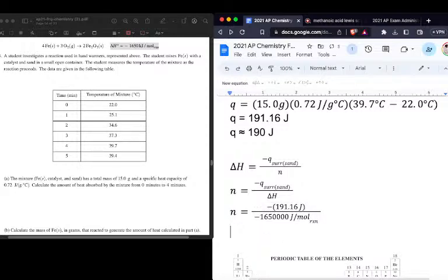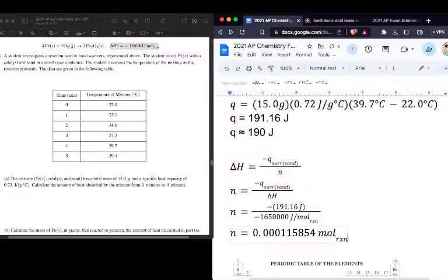When I do that division, I'm going to get a number, and it's going to represent the number of moles of reaction that happened. N equals 0.123115854 moles. And I am very specifically saying that that's moles of reaction.